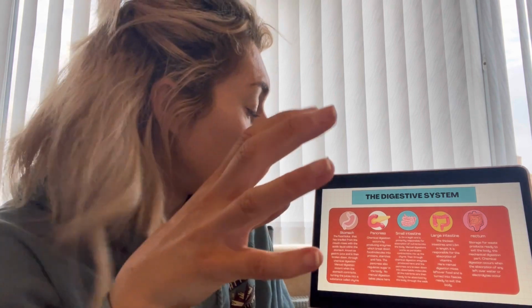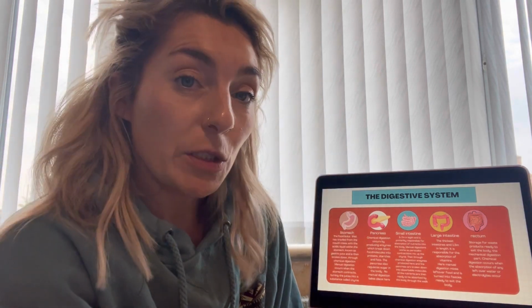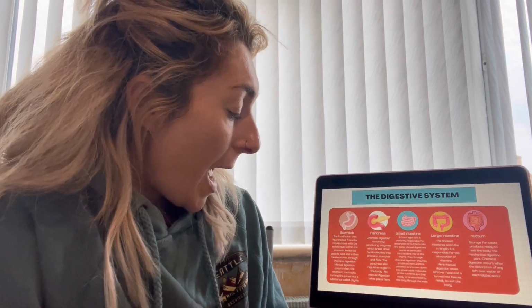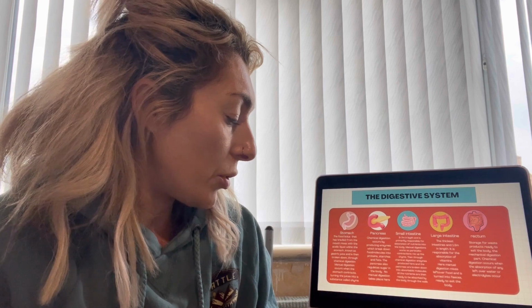The food bolus then enters the stomach and is mixed with acidic liquid within the stomach, known as gastric juice. Manual digestion occurs as the stomach contracts, and chemical digestion occurs as it churns the food and contracts, turning the juices into a substance called chyme.